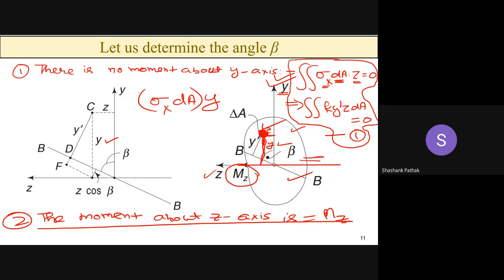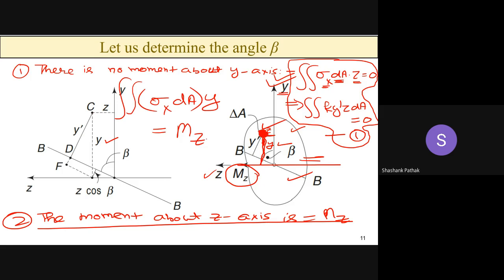So how will you add? Integrating. Very good, excellent. So if you integrate this term over the entire cross section, what will you get? Mz. Very good.